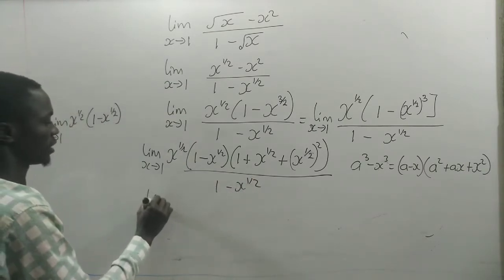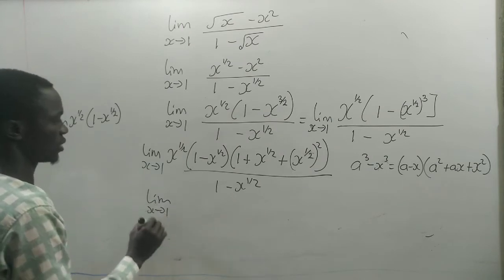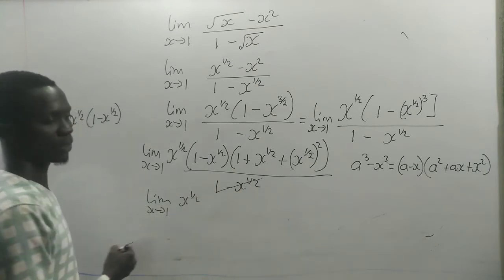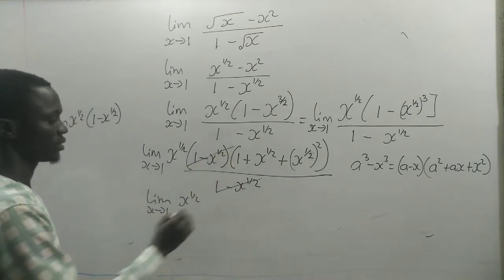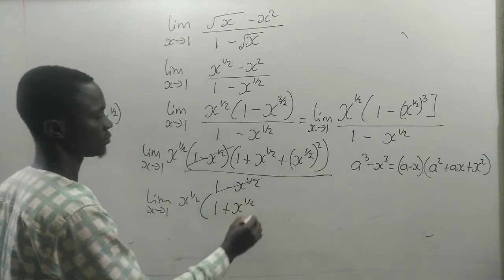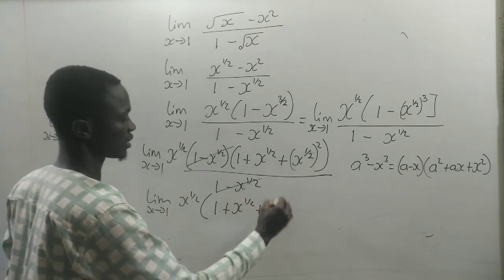So this will give us the limit as x approaches 1, x to the power half, and this 1 minus x to the power half will cancel this one. So you have times 1 plus x to the power half plus x.